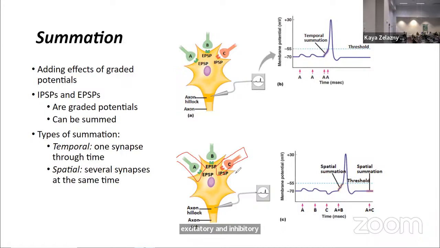So if A and C fire at the same time, A would usually cause this little depolarization. C on its own would usually cause this hyperpolarization. But if they fire off at the same time, nothing happens because we sum them over space, right? So as those postsynaptic potentials kind of drift and we measure at the axon hillock, overall there's no effect.